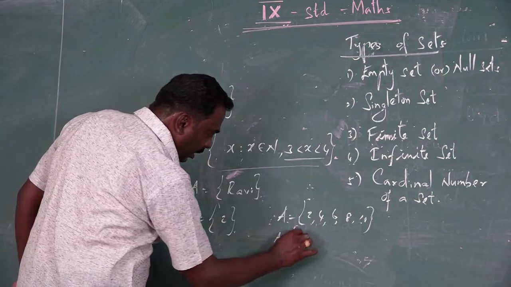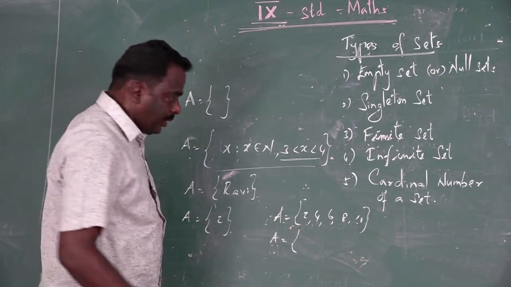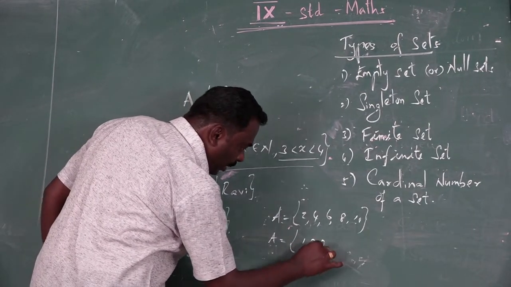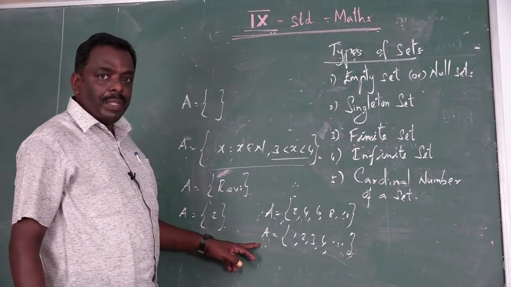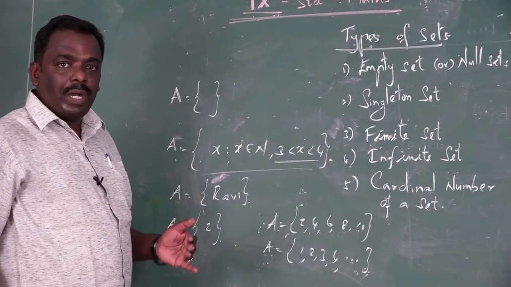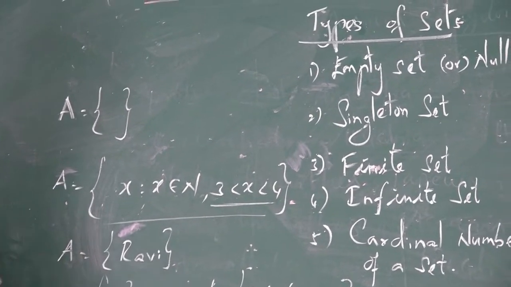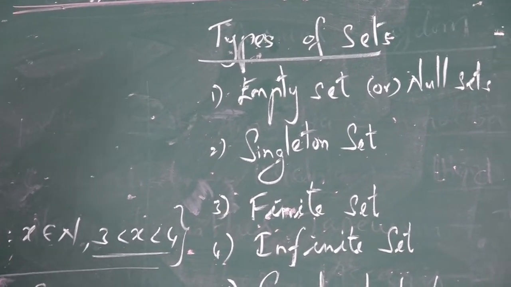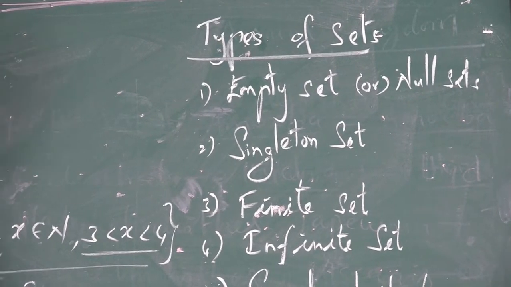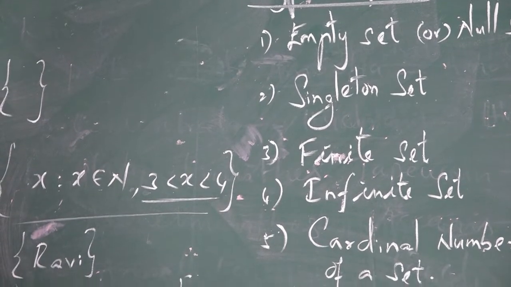A set containing an uncountable number of elements, for example 1, 2, 3, 4, etc. In set A the elements are not countable. It is called an infinite set. A countable number of elements in a set is called finite. An uncountable number of elements in a set is called an infinite set.